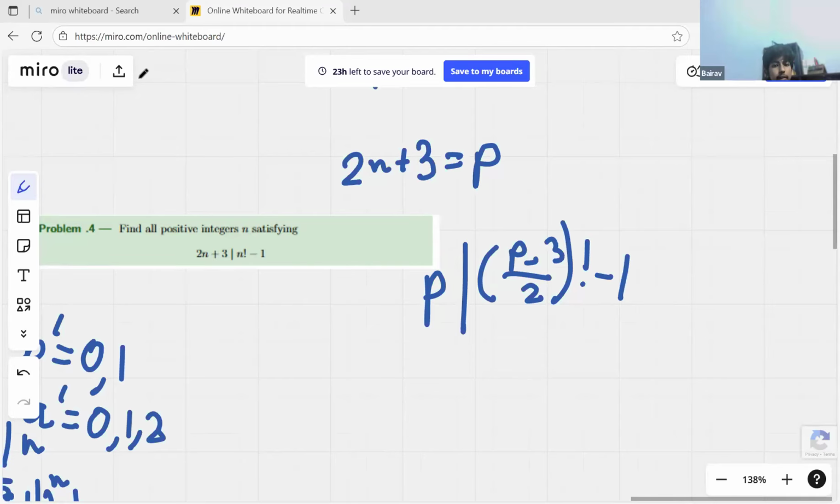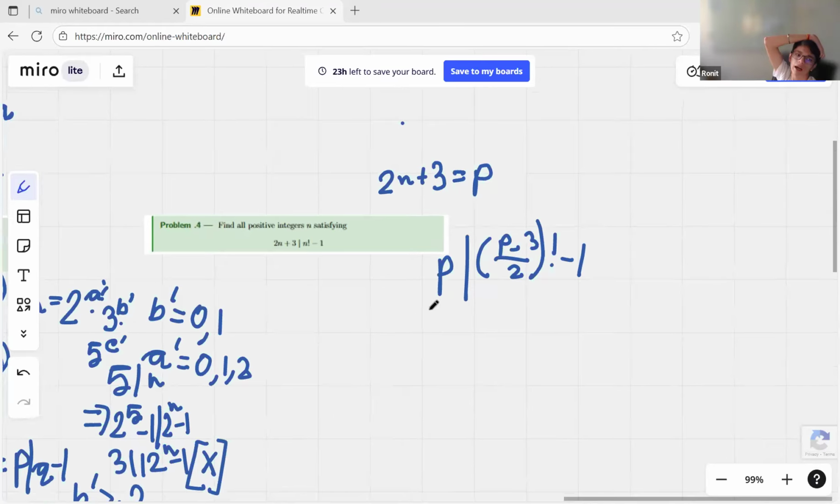We try to use Wilson's theorem, and we have... Pardon, that's p minus, not 2. I don't think that's true. Wait, no, right? No, wait. What's your idea?